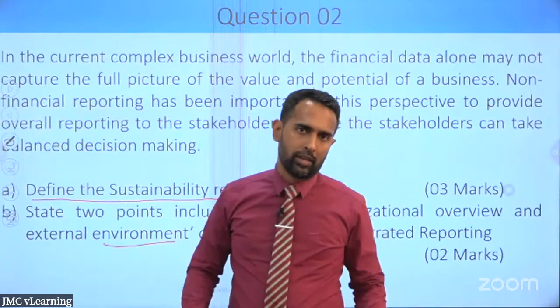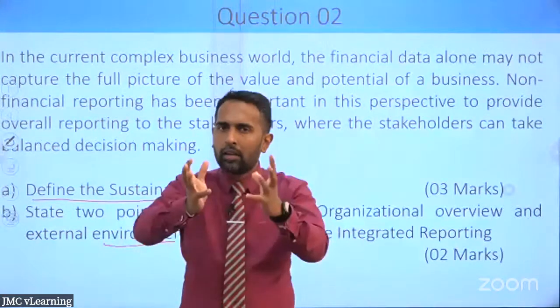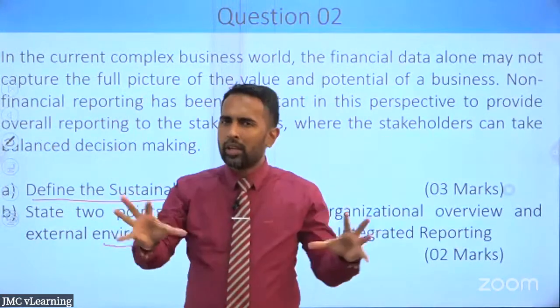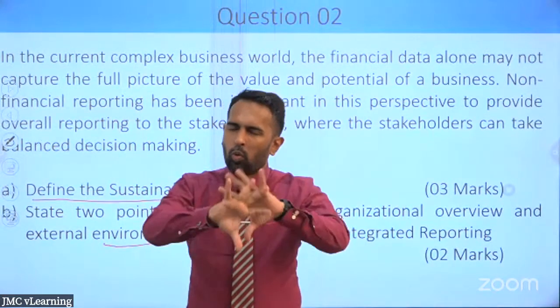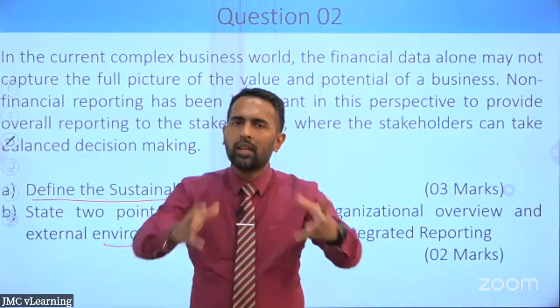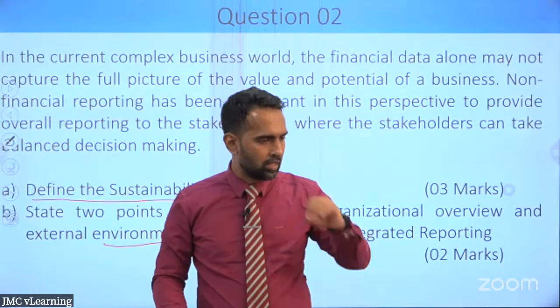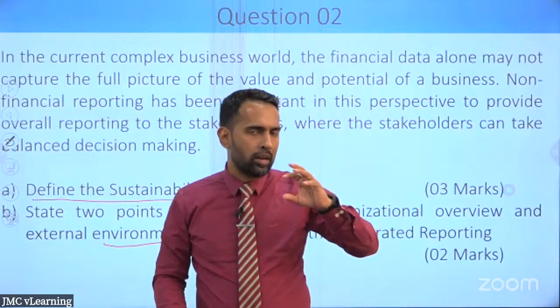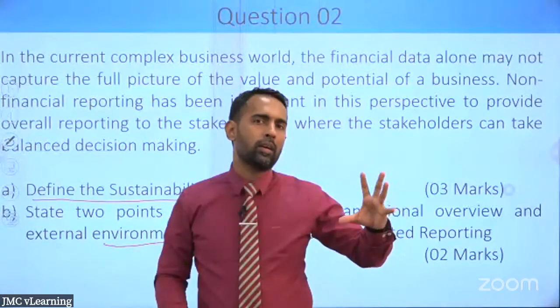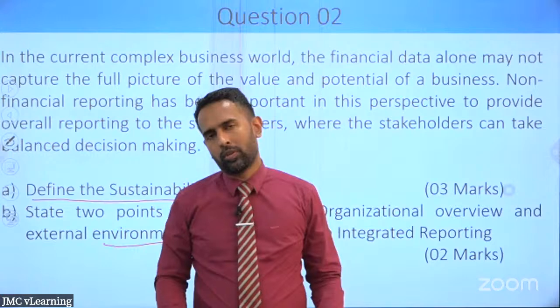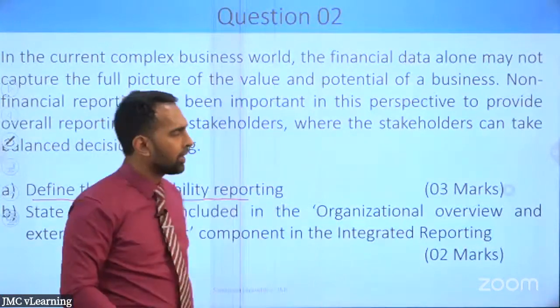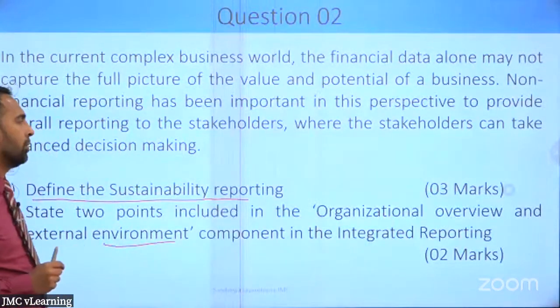Like that, there are 6 capitals, and the overall value created by the business is reported in the integrated report. There's a separate format with a number of components that we have to report. So that is what is happening in sustainability and integrated reporting.